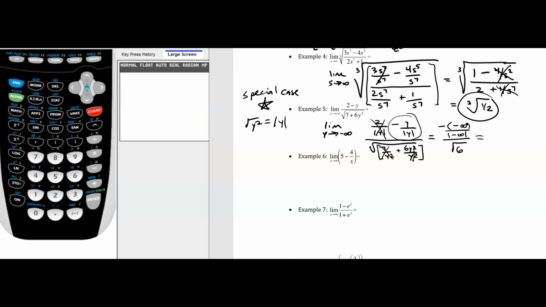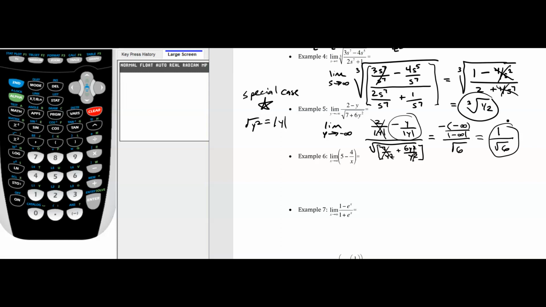You can reason that this ends up being 1 divided by the square root of 6. Technically we cannot do math on infinity divided by infinity, but think of substituting a really big number if you don't want to use the symbols like I am right here. Our answer to this one would be 1 over root 6.